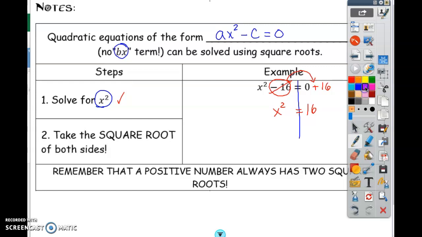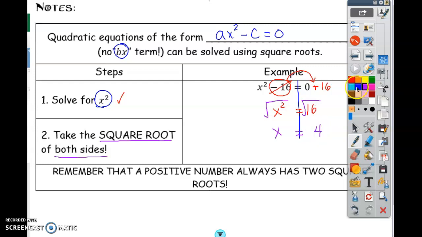Step number 2 is take the square root of both sides. That means square root this side and square root this side. Okay, take the square root of both sides. The square root of x squared is just x, and the square root of 16 is 4.